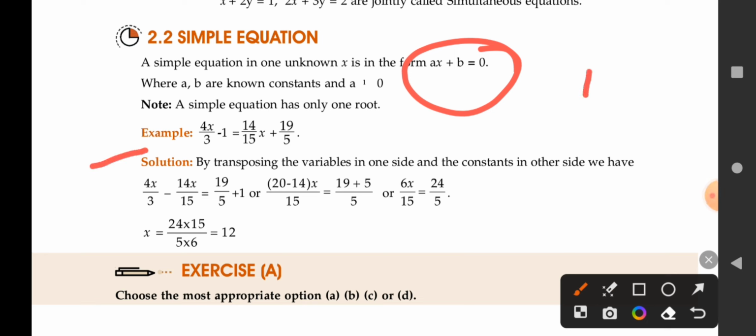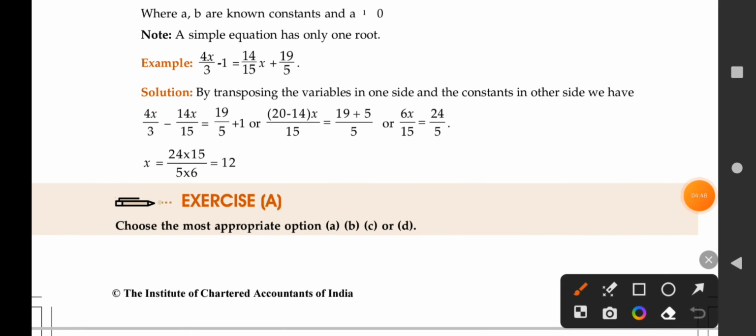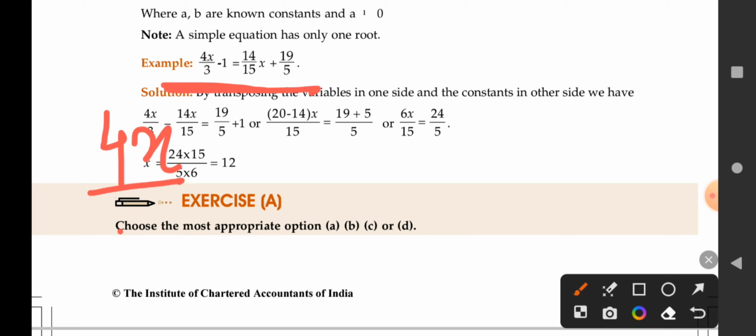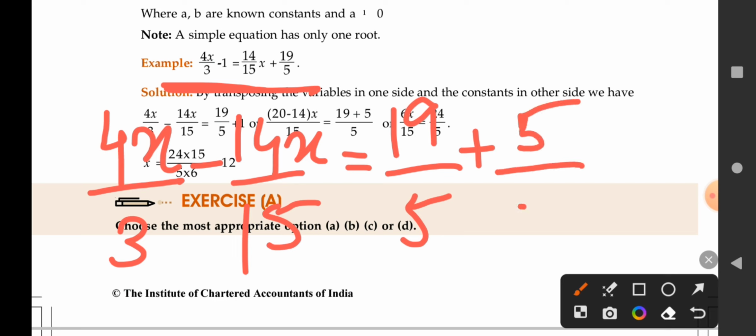A simple equation again in this form with degree 1 is known as a linear equation. So example 1. In the exam you are going to get options. However, we'll still solve it with the expansion method. Let's take all the variable terms on the left hand side. So you get 4x divided by 3 minus 14x divided by 15 equals 19 by 5 plus 1. 1 means 5 by 5.